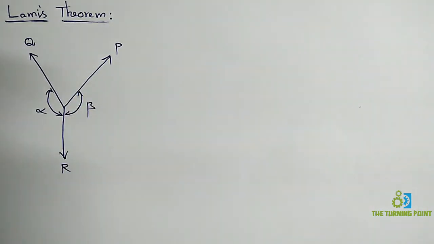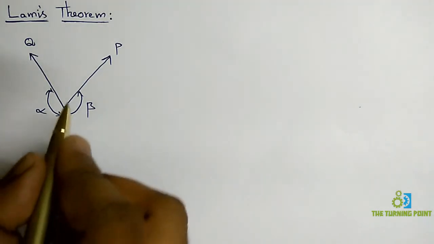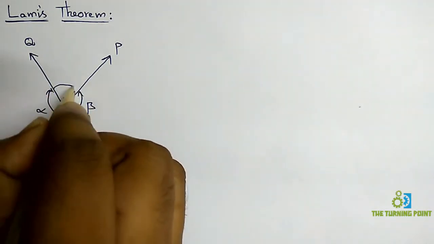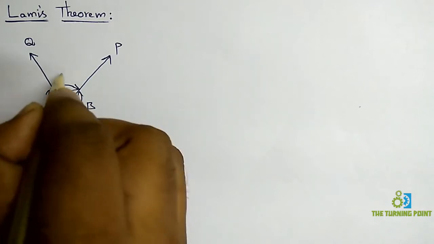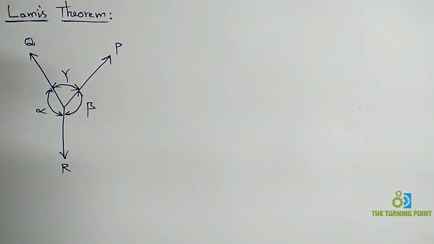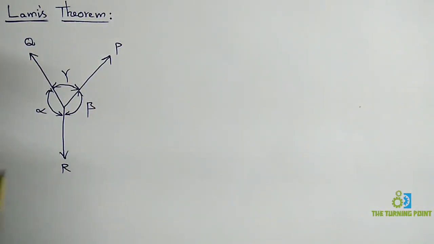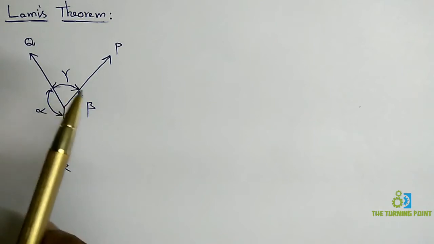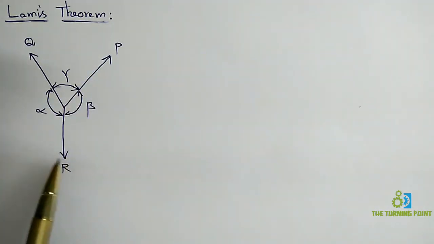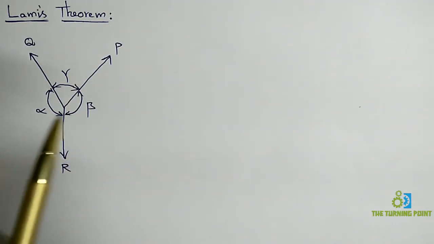And the remaining angle, the angle between the forces Q and P, let us consider as gamma. Remember, you can apply Lami's theorem when there are three forces, and those three forces should be in equilibrium. As per the statement, every force is proportional to the sine of the angle between the other two forces.